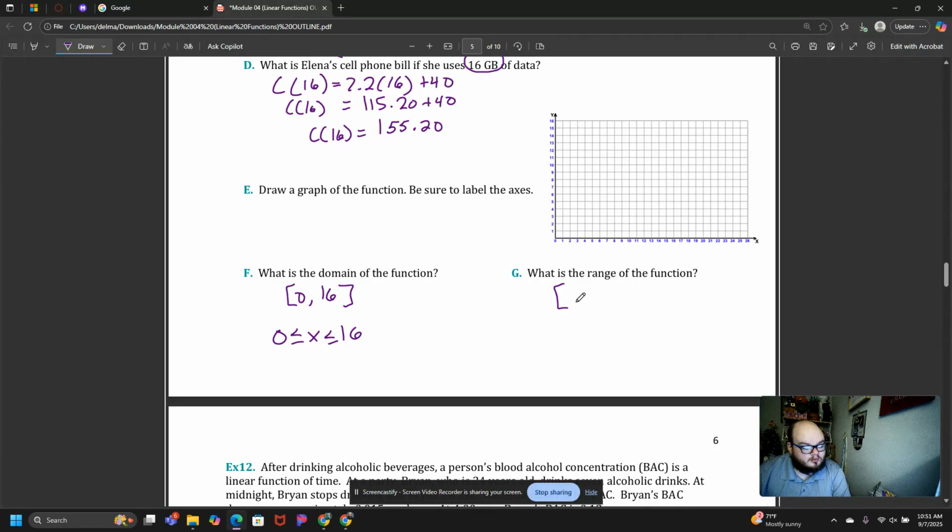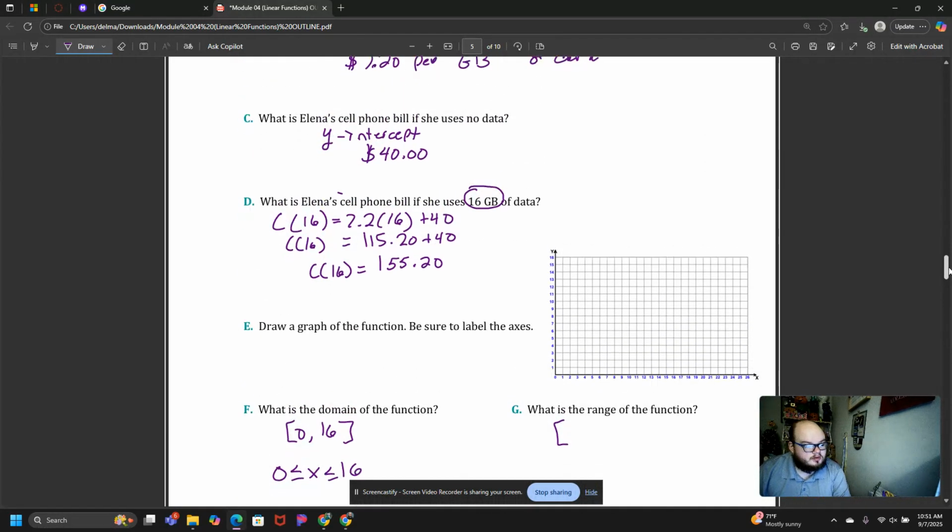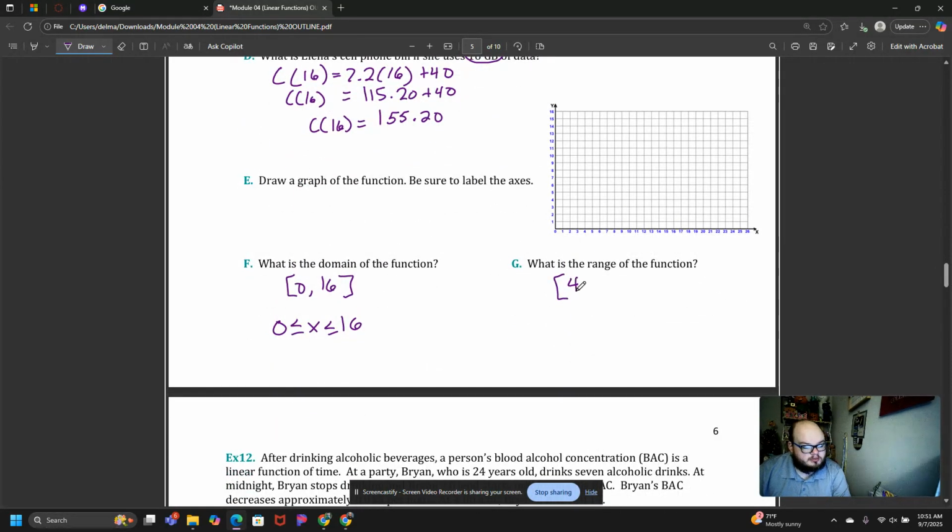Well, we figured out that the y-intercept is $40 when she uses no gigabytes of data, and that when she uses all 16 gigabytes of data, she owes $155.20. So that means that cost has to be between 40 and 155.20, because the range really tells us the cost of her phone bill, and the domain tells us the gigabytes she's used.